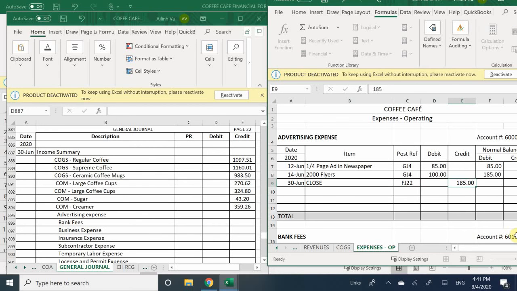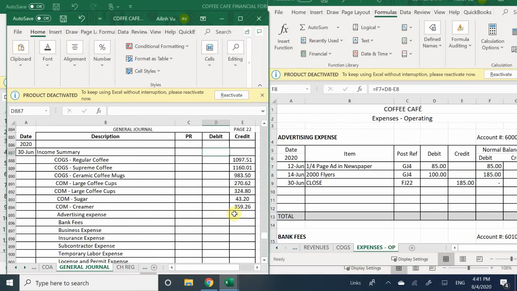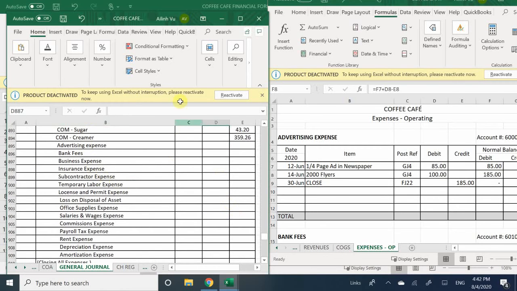So I'm going to credit for 185, and if I were to drag this, it should report as 0. Good. So 185. And here, I'm going to make sure I'm on the correct line. So my first one is advertising expense, and I credit it for 185.